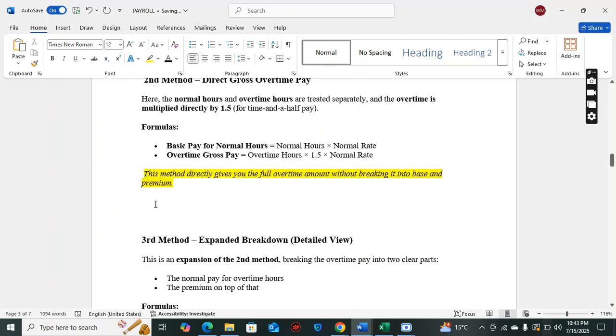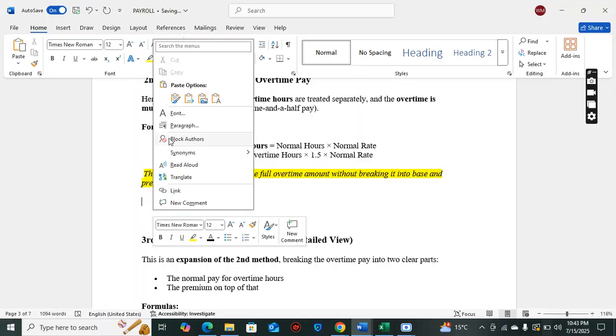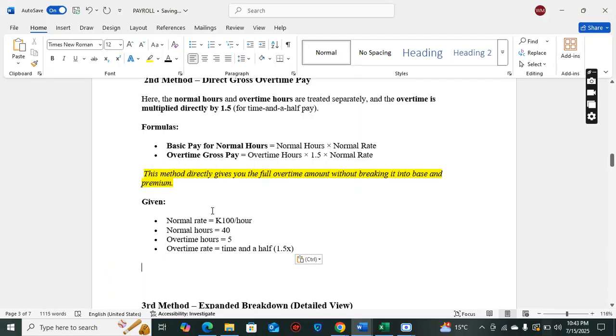So using the same example, this worker: normal rate, 100 kwacha per hour, normal hours, 40 hours, overtime hours, 5 hours, the overtime rate, time and a half. So we calculate the gross pay. We start first with the basic pay for the normal hours.